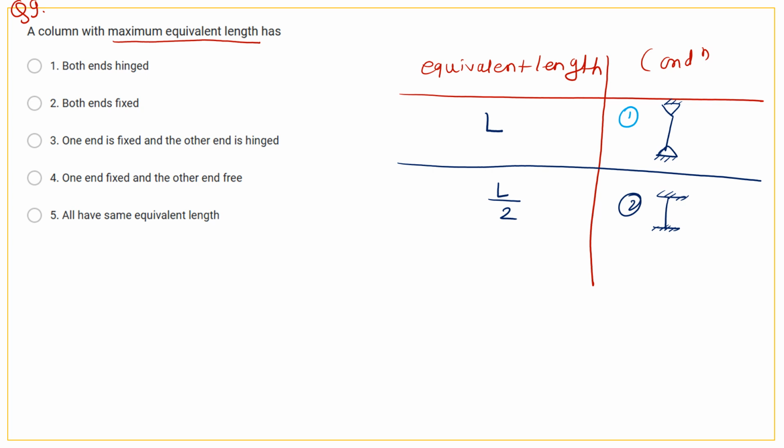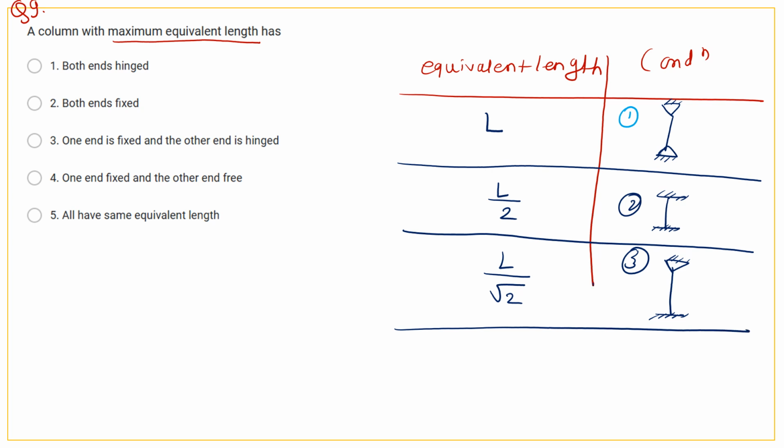The third one is, when one end is fixed and another end is hinged, then the equivalent length is L by root 2. The fourth one is, if one end is fixed and another one is free, then the equivalent length is 2L.